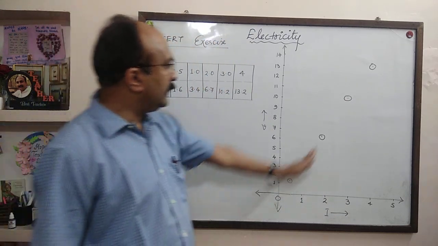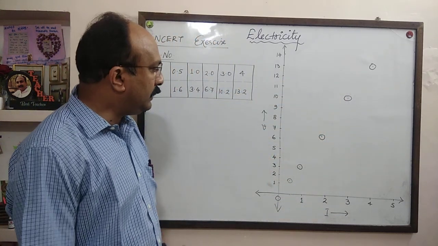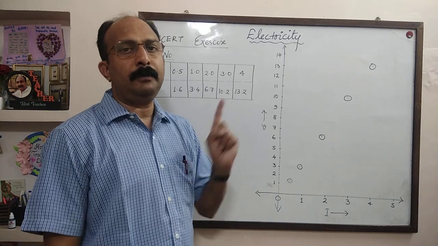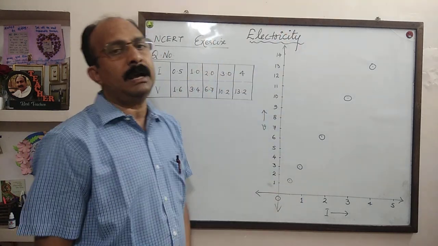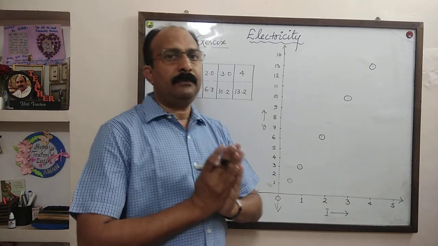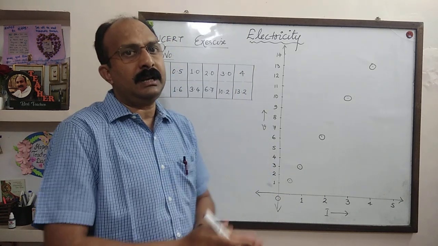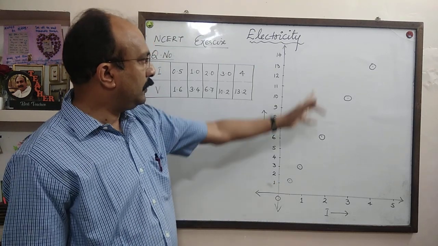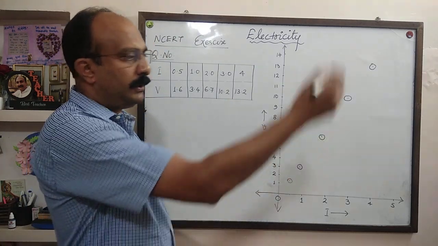So I have plotted all the 5 points, and you can see that all these 5 points will come in a straight line. And we know that VI graph should be always a straight line. So plot all the 5 points. Now join them together.